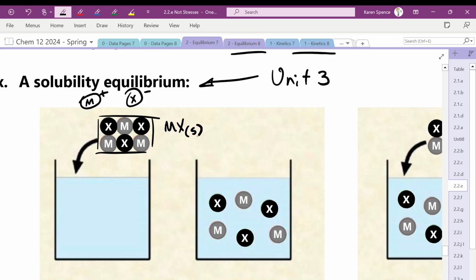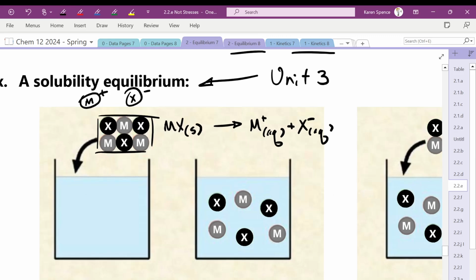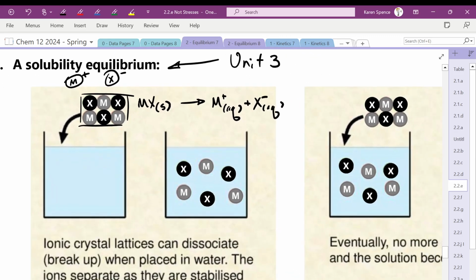We toss it into the water, and let's say that whole thing dissolves. When it dissolves, the ions do what? They dissociate. So that's what that looks like.